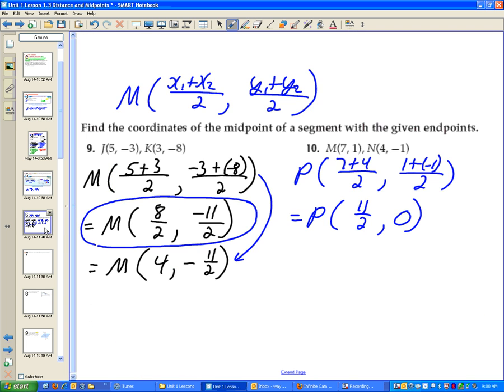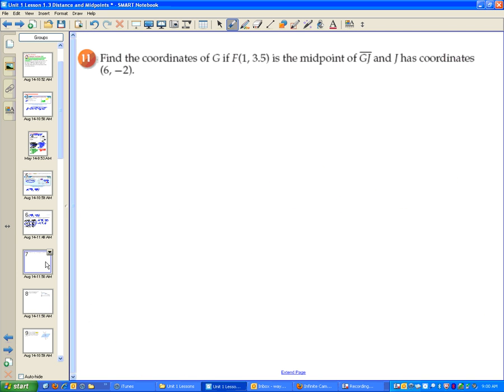And let's see. So we did 9 and 10. All right, on this one, this is a little different. It says find the coordinates of G if F is the midpoint of GJ. I hate it when they put G and J together because I have a hard time saying it. F is the midpoint of segment GJ, and J has coordinates 6, -2. Okay, I'm confused.